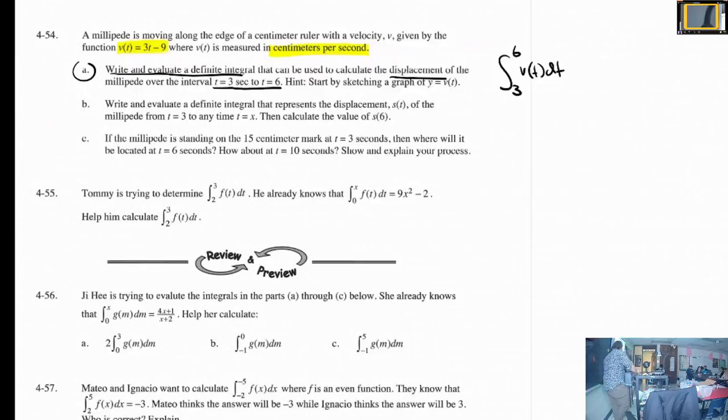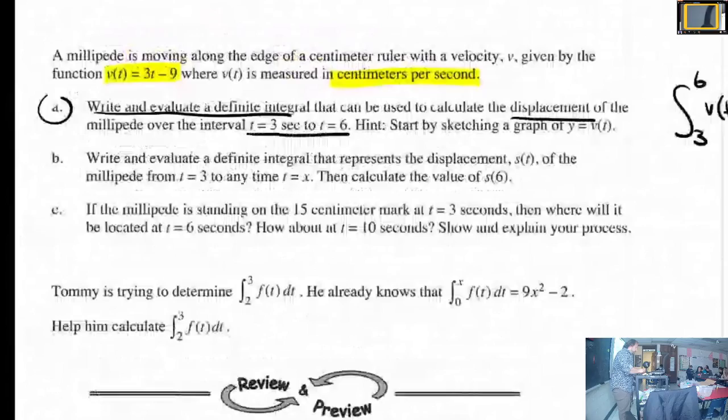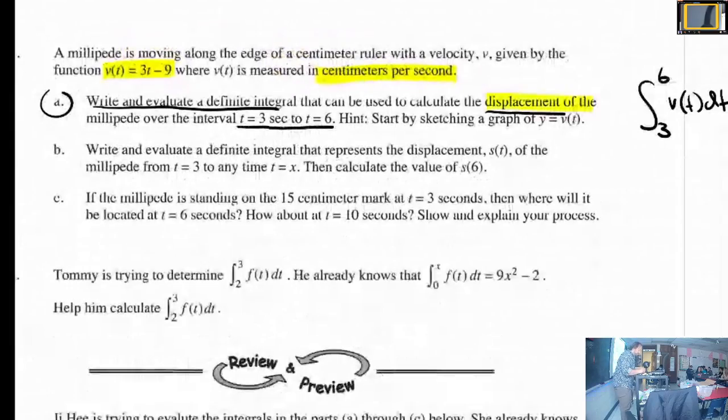A very powerful thing to understand right now is that an English sentence translates itself into those mathematical symbols really easily. So the displacement of the millipede over the interval from 3 to 6 of your function is the integral of v of t dt.